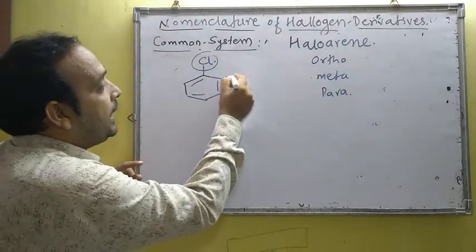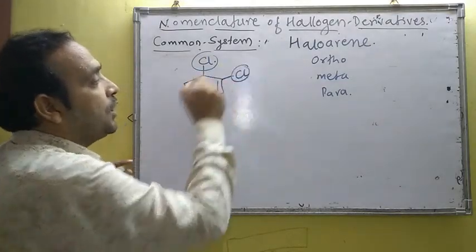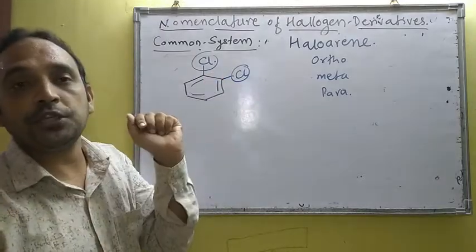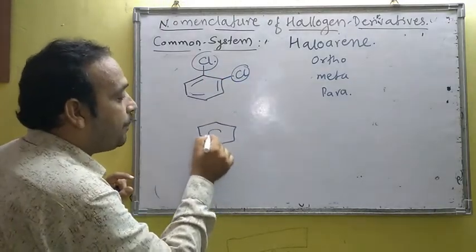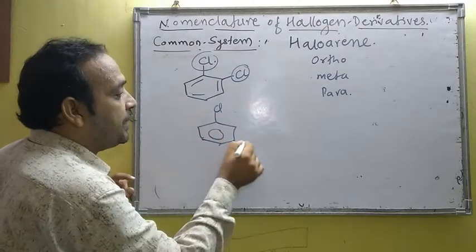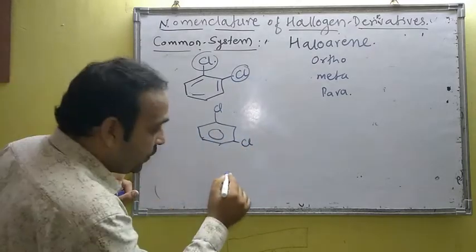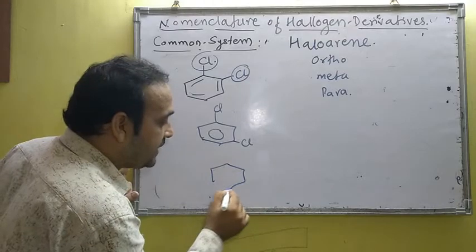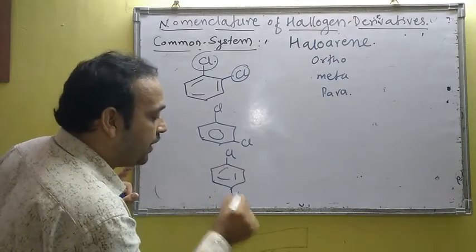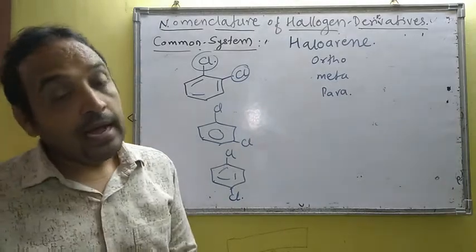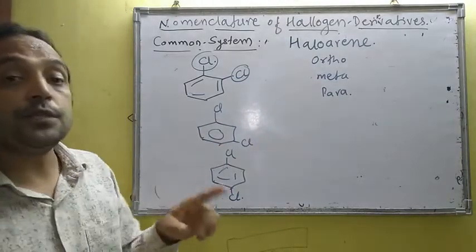Now again I am going to attach a second functional group. It is called disubstituted. This one is also an example of disubstituted haloarene because two halogen or functional groups are attached. But the difference is position.